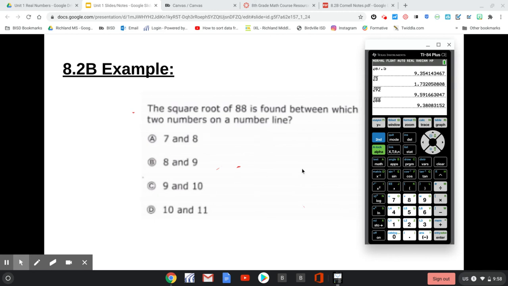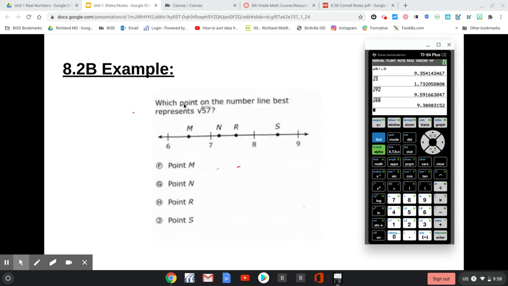Your answer would be C. Which point on the number line best represents the square root of 57? Second square root 57. So we have 7.54. So here's our 7, here's our 8. Our answer would be R.